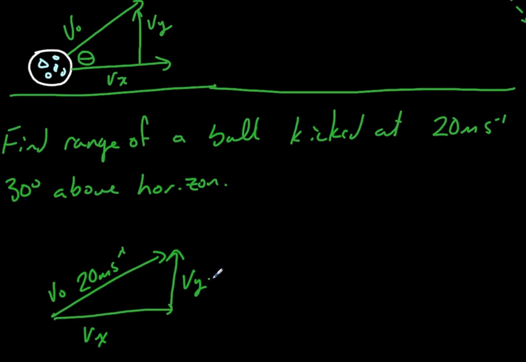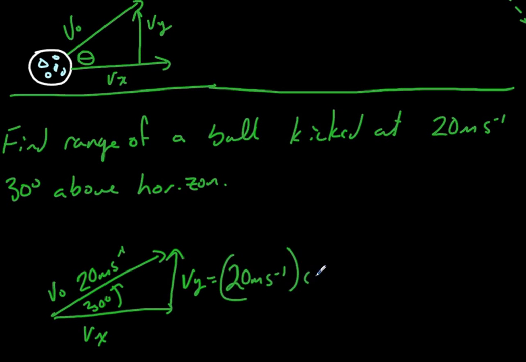Okay. How am I going to solve for what this is? We have a 30 degree angle down here. So what is Vy in this case, do you think? How would I find it? Yeah, 20 meters per second times the cosine of 30 degrees. And over here, Vx is, what?